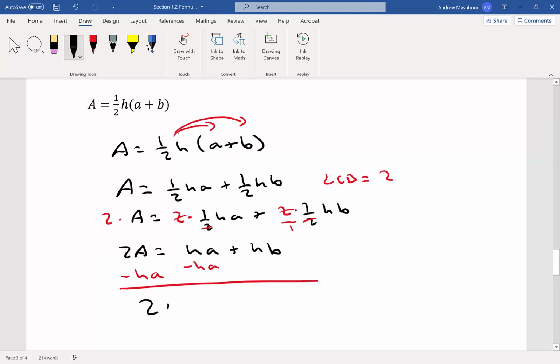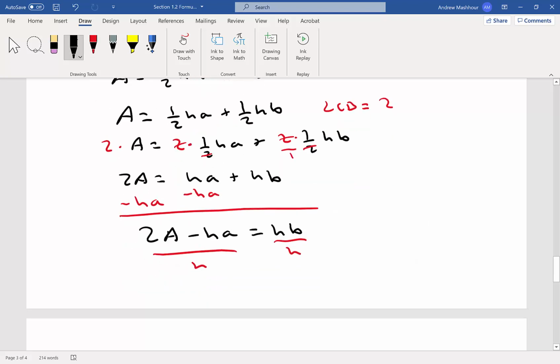So I have 2A minus ha is equal to hb. One last thing to get the b completely by itself: since this is h times b, I'm going to divide both sides by h, and that'll give me my b by itself. So I have b is equal to 2A minus ha divided by h.